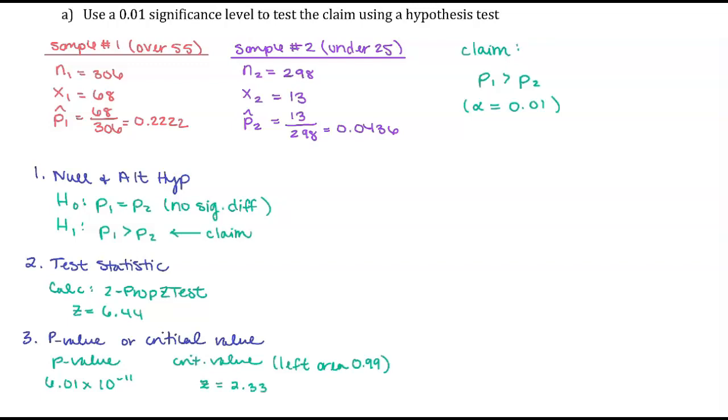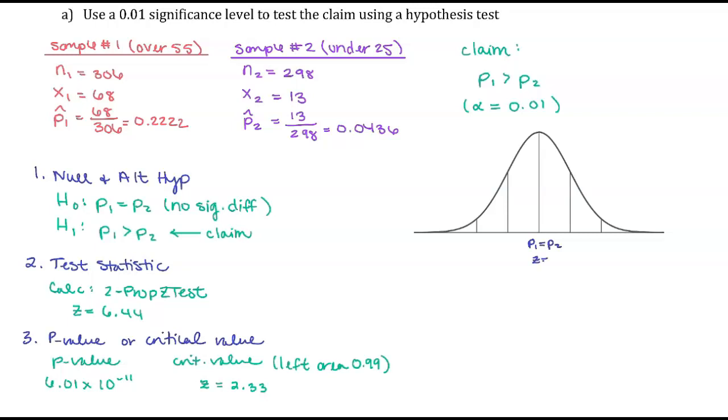Let's use this information to draw a picture. The center of this curve is the null hypothesis that p1 is equal to p2. That also corresponds to a z-score of 0. We found a critical value of 2.33, and that corresponds to our alpha or significance level of 0.01.